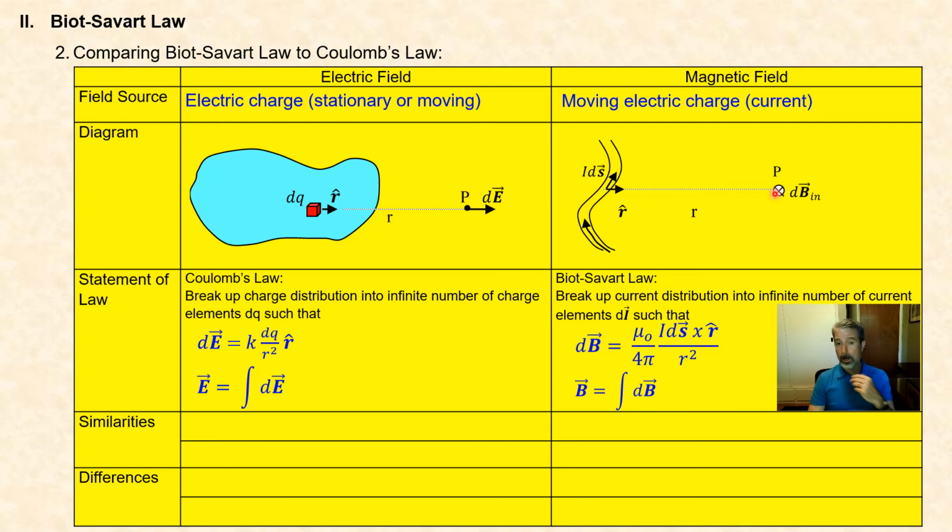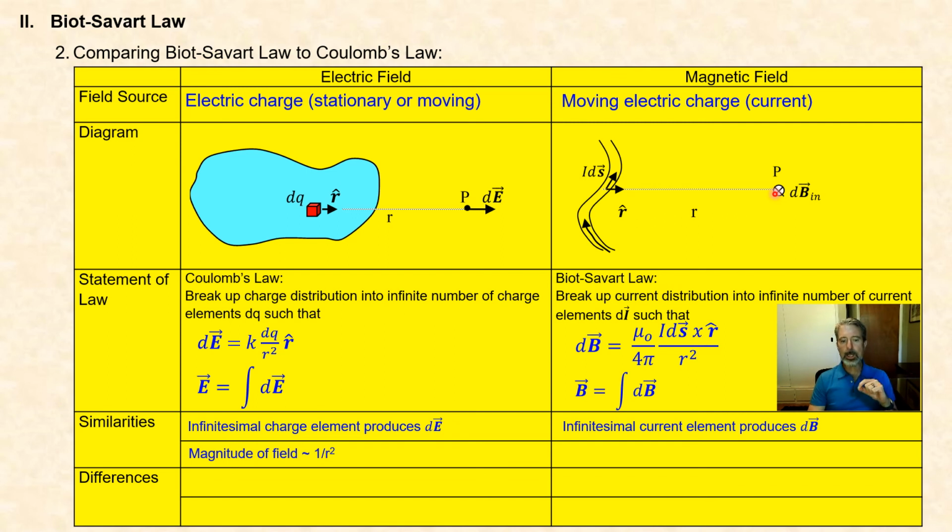So how is Coulomb's law used to describe the electric field similar to the Biot-Savart law used to describe the magnetic field? Well, there are some similarities, as I've alluded to. In the same way that for Coulomb's law, an infinitesimal charge element produces this infinitesimal field contribution dE, here we are saying that an infinitesimal current element produces this infinitesimal contribution to the field dB.